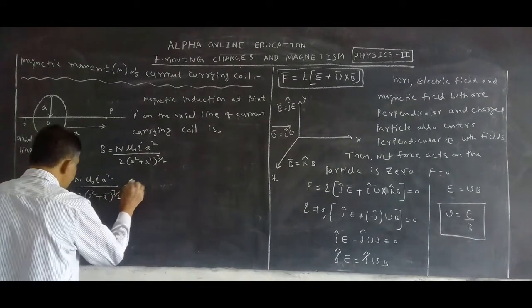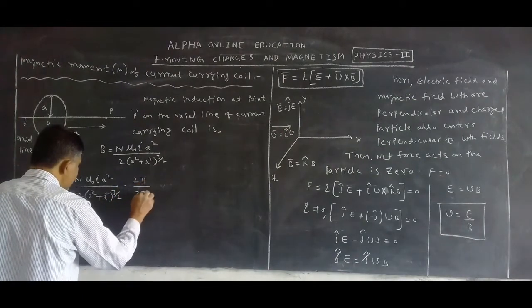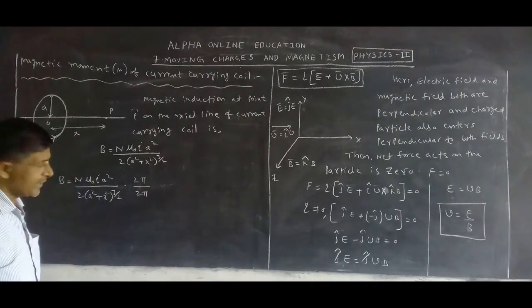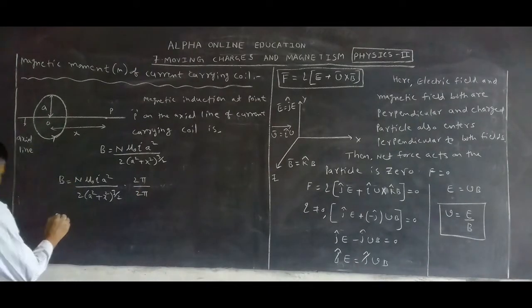Now I would like to multiply it by 2 pi divided by 2 pi. So what happened?